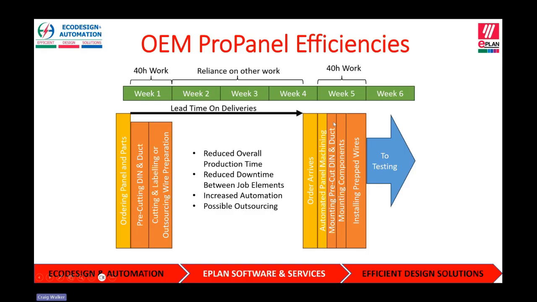You've got them set aside for that panel. They go straight in, screw in, and you're away. Then into mounting the components on, and finally installing prepped wires, which you can mark off, or using smart production, go through that. And by disjoining this and breaking up this process and adding the automation, you can drastically reduce the time between when you start the job and when it heads off to testing.